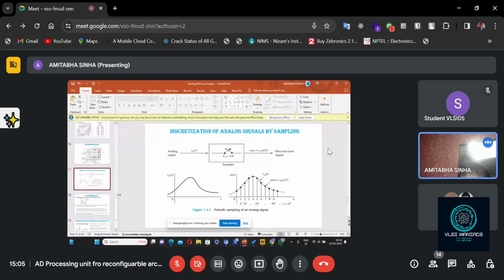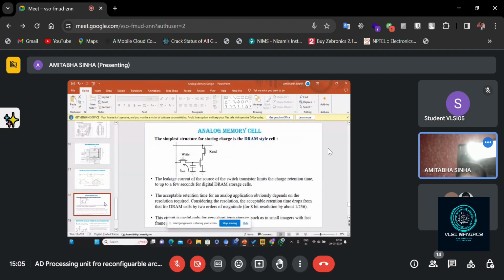If you see this diagram, there are 3 transistors. There is one horizontal line and one vertical line. Let's consider that one line is for writing data and another line is for reading the data. And there are 2 control signals, one is write, another is read. Let's first write the data.